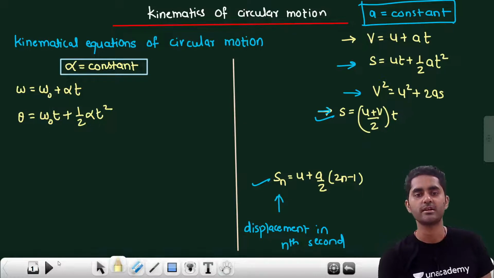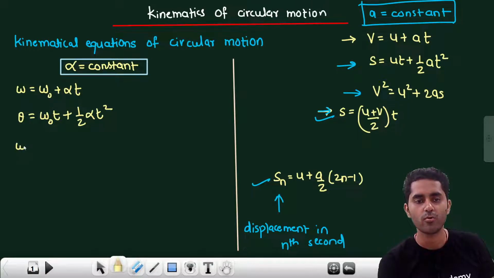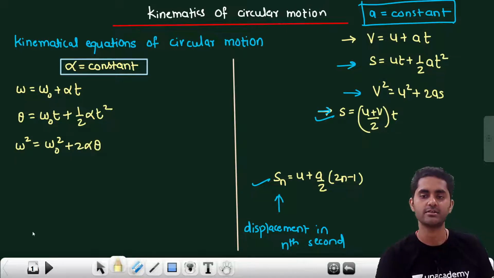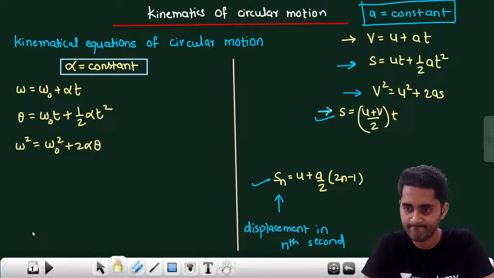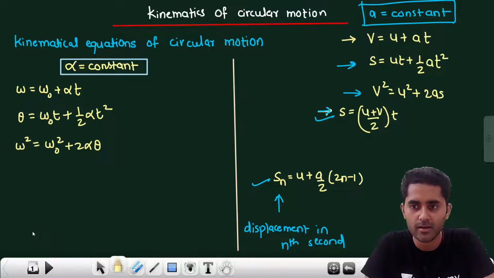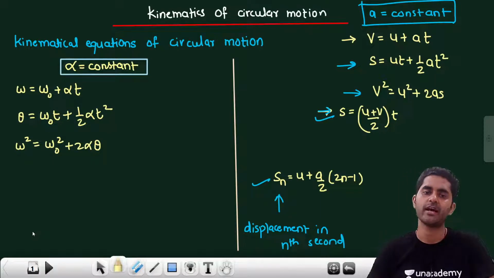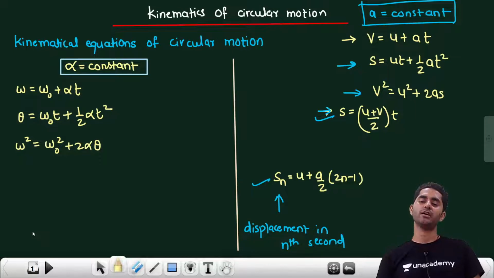Then the third equation will be omega square is equal to omega naught square plus 2 alpha theta. These three equations are the kinematical equations which you can use.